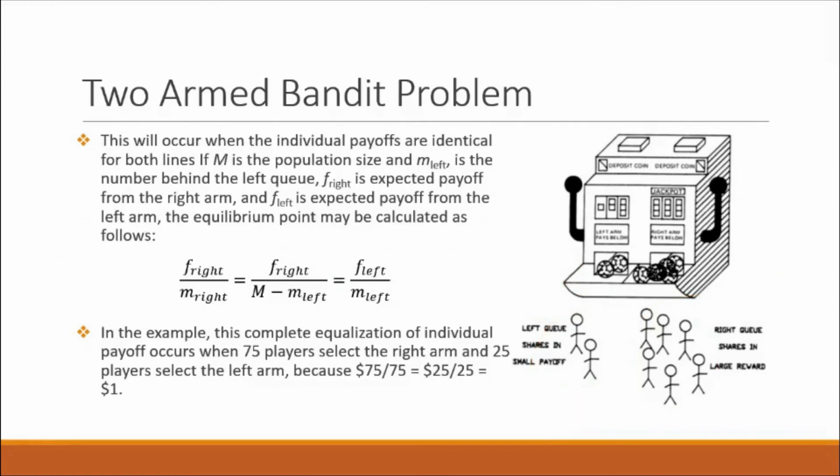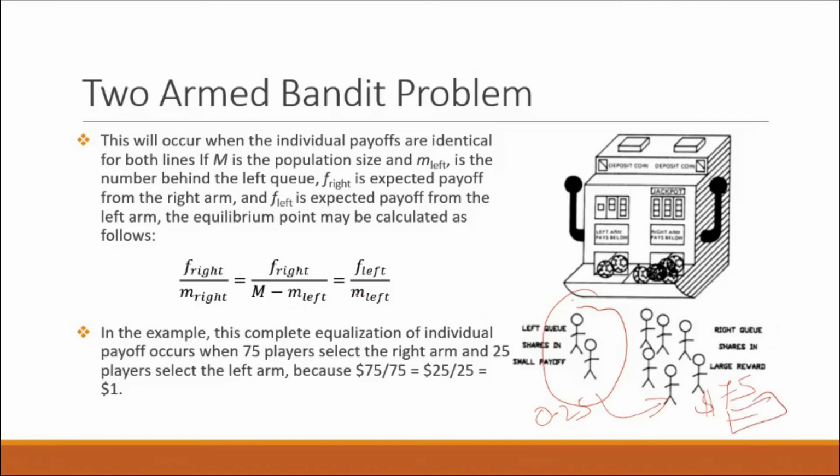And if all the 100 people are on this side, then obviously there will be people jumping to this side, because here he will be getting only 0.25. Here he will be getting $75 if he is the only person there. And if more people are coming also, still he will be getting a better payoff being on this side.